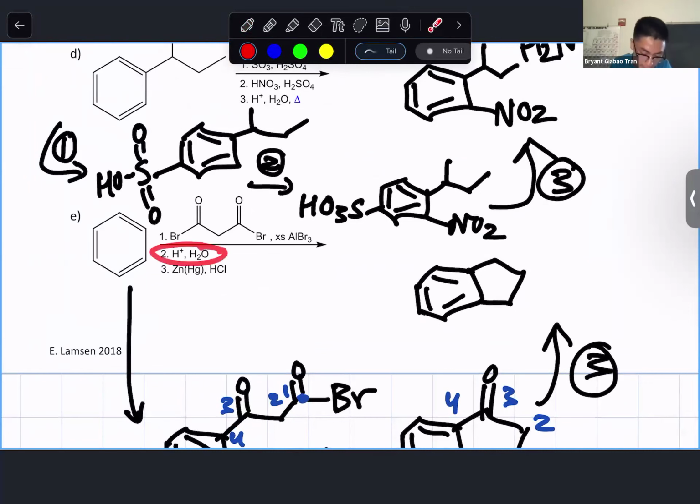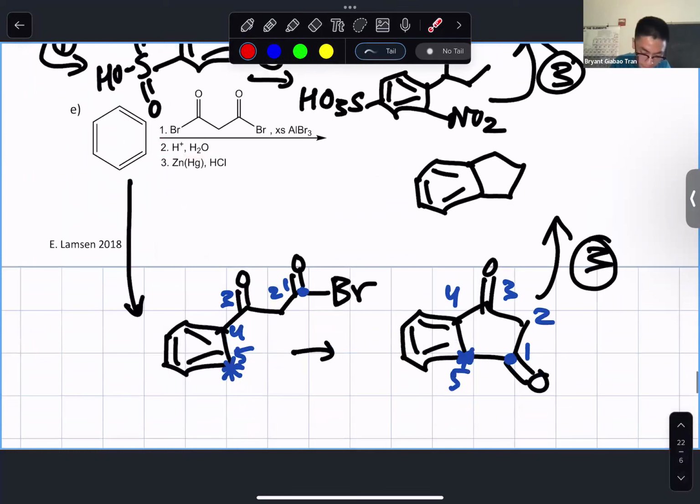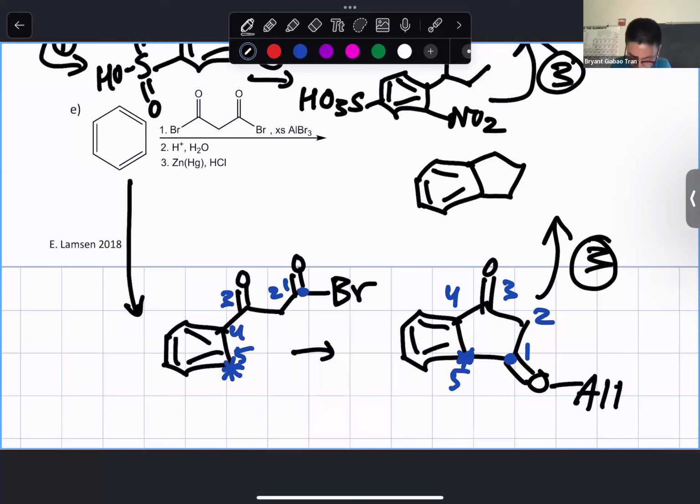All right. H plus H2O is an acid, which, because we have excess AlBr3, that would get this somewhere in the mechanism. AlBr3, negative charge, positive charge, negative charge, positive charge.